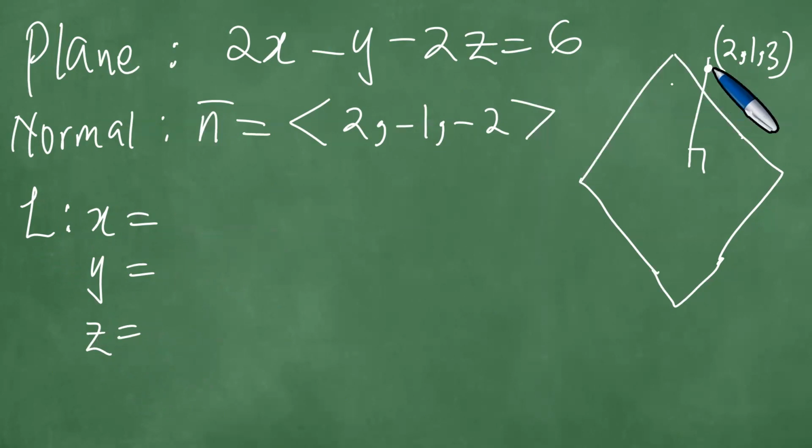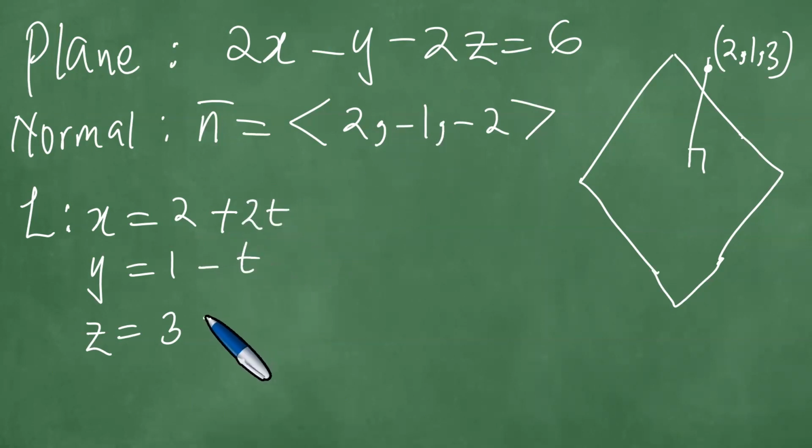This line passes through the point (2, 1, 3) and is in the direction of the normal, parallel to this normal. So for the x component, we have 2 plus 2t, like so.